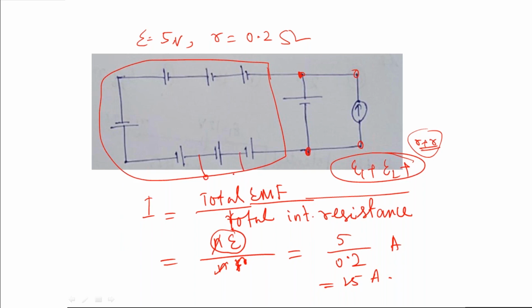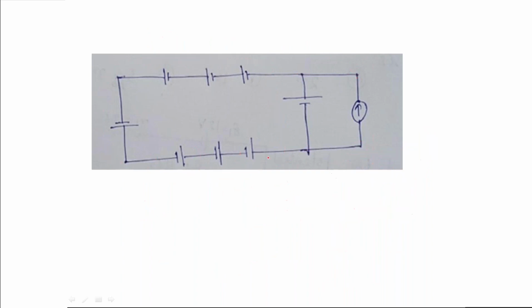Now forget about this part for the time being, because each cell has its own potential difference. These are in series, so across each cell there will be a potential difference, and that may be different. But in this case it will be the same, because each cell has the same EMF and the same internal resistance.